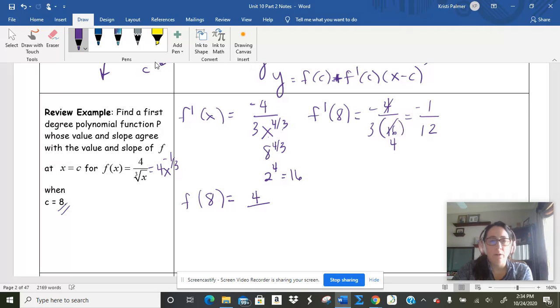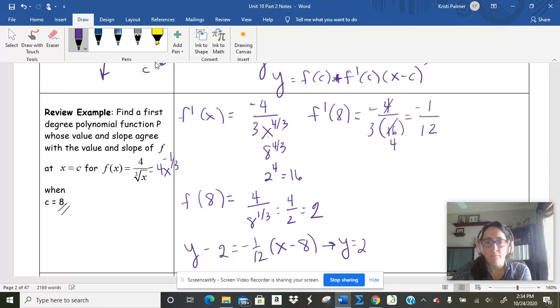Then I can go ahead and plug in to get the original: that would be 4 over 8 to the 1/3, 4 over 2, which is 2. And then I can use my y minus y1 equals my slope times x minus x1, and I can solve for y. So this is a line that we could use to approximate what is going on here.